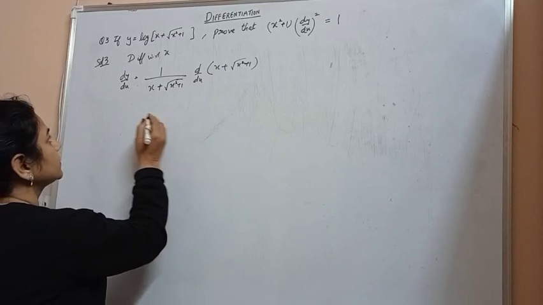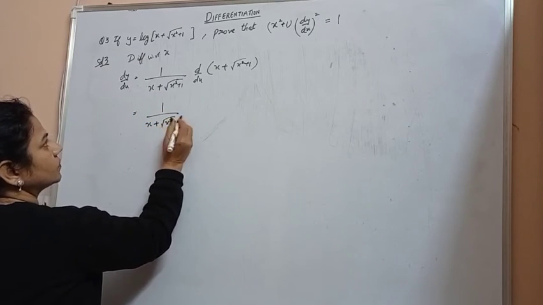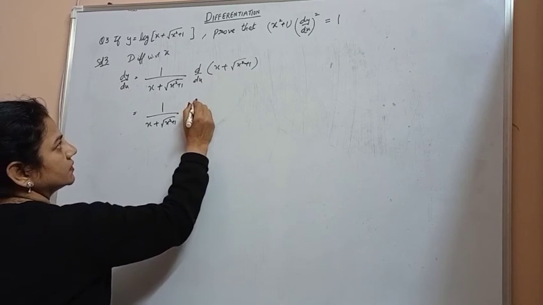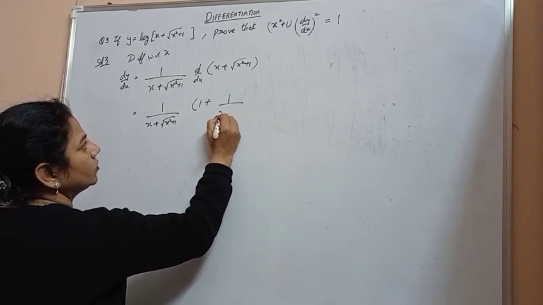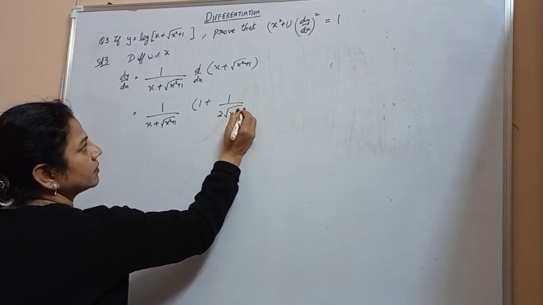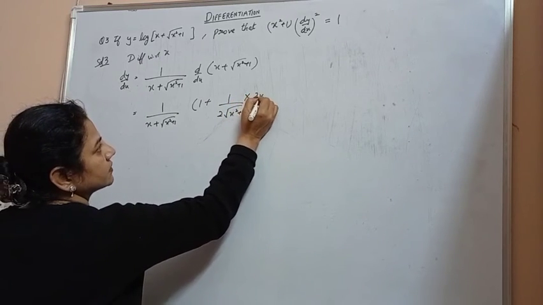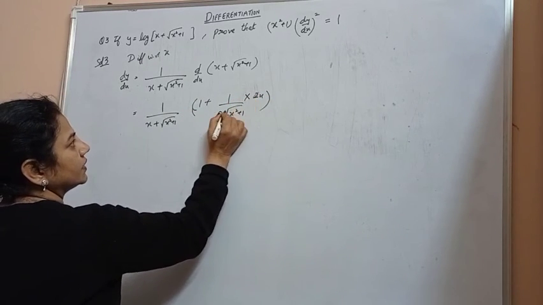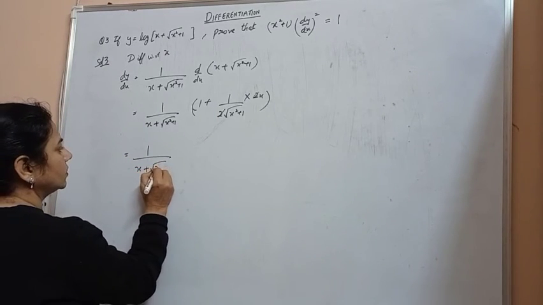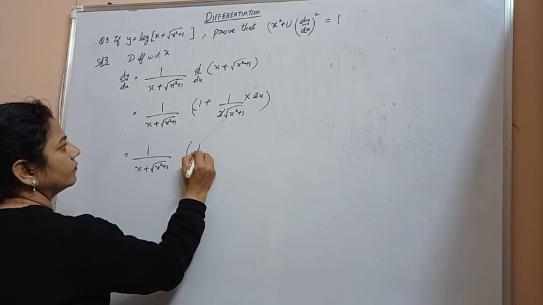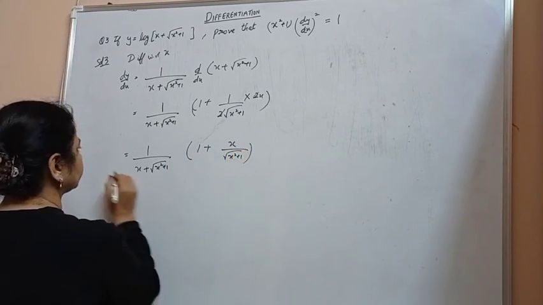Derivative of this function, x plus under root x square plus 1: the derivative of x is 1 plus the derivative of under root x square plus 1, which is 1 upon 2 under root x square plus 1 into the derivative of x square plus 1, which is 2x. This 2 and this 2 cancel. I get 1 upon x plus under root x square plus 1, into (1 plus x upon under root x square plus 1).